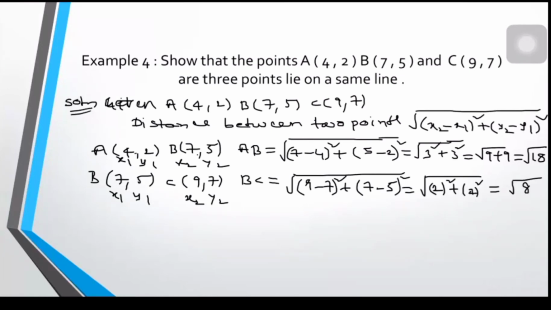Next, find distance between AC. A point 4 comma 2, C point 9 comma 7; x1 y1, x2 y2.